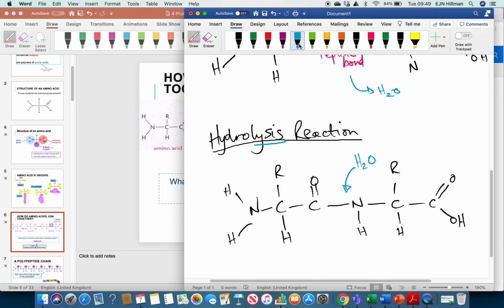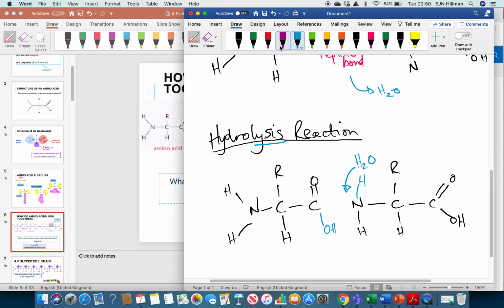So if we do that, let's break this bond. And if we add on, I'll keep it in blue actually so we can see this, an OH group there and a hydrogen there, we now have 2 separate amino acids.